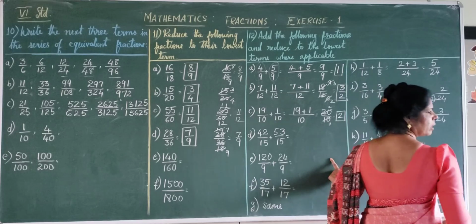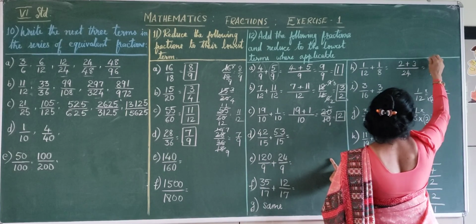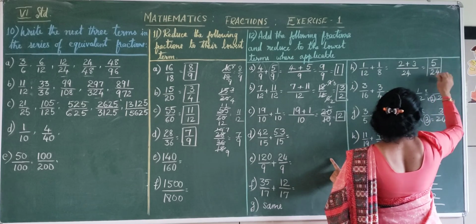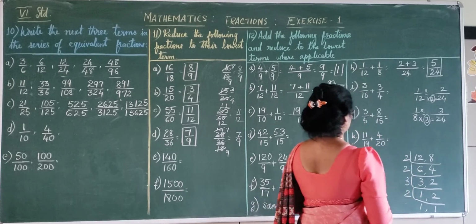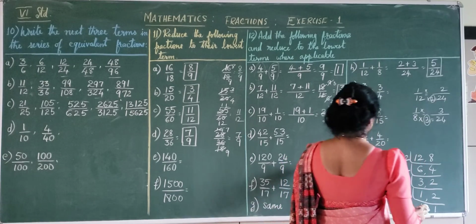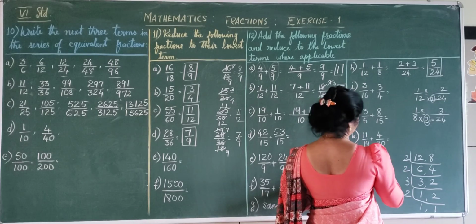Here further you cannot divide because 5 is already a prime number. So you cannot divide it further. Yes. Now you can see I will work out this one because this is the highest number. So I will work out here.